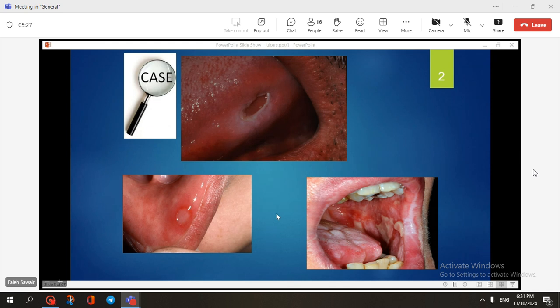So erosion is superficial loss of the tissue. So it is not deep, whereas an ulcer is a deeper lesion.